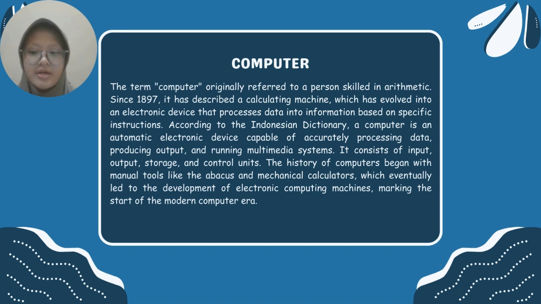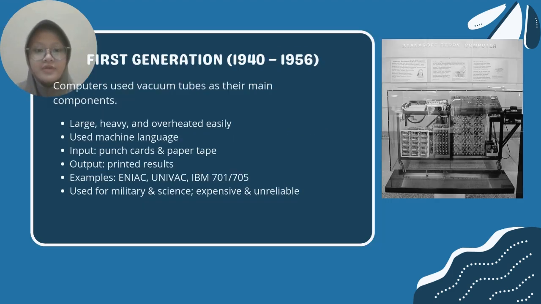Computers began with manual tools like the abacus, then evolved into electronic machines that started the modern era. First generation computers were large, heavy, and overheated easily.